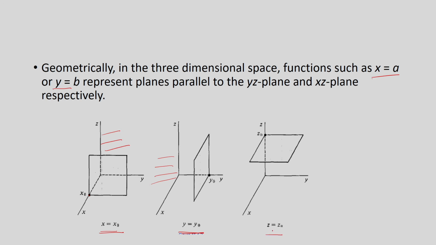And if you take z is equal to z naught, so the z coordinate is fixed, then you have another plane which is like a kind of roof, and along the roof z is always fixed, and this roof is parallel to the xy plane. So, equations such as x is a fixed number, y is a fixed number, z is a fixed number are actually planes parallel to the yz plane, parallel to the xz plane and parallel to the xy plane respectively.